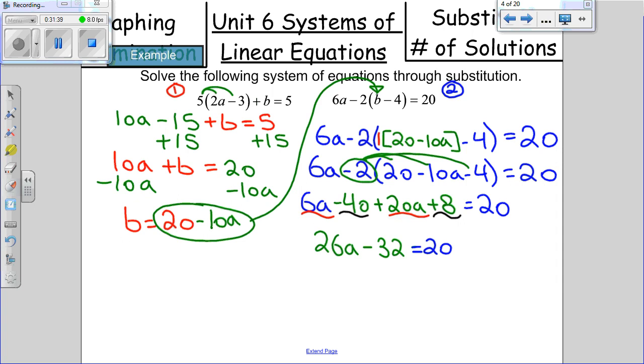All right, I multiplied, I distributed, I added, I subtracted, everything's combined. Now I can start to get my only letter by itself. I have a over here. To get it by itself, I need to move that 32 by adding it to both sides. That'll give me 26a equals 52.